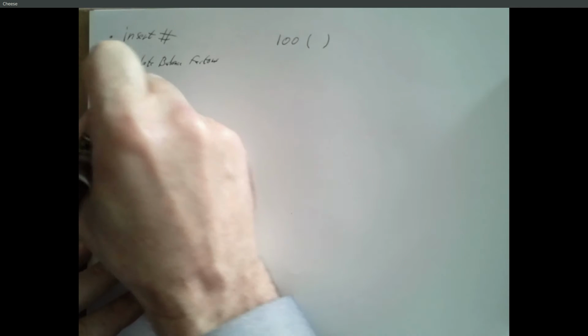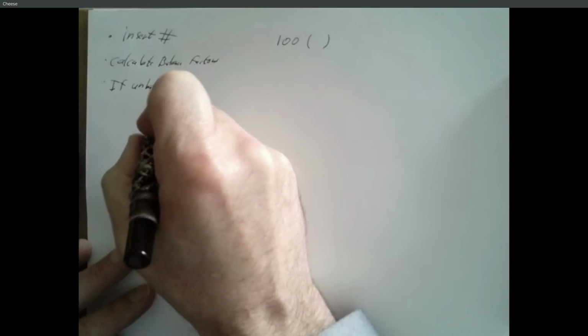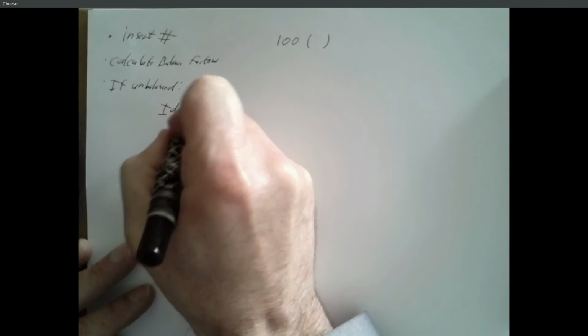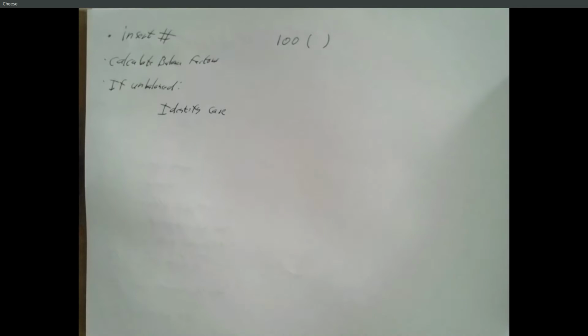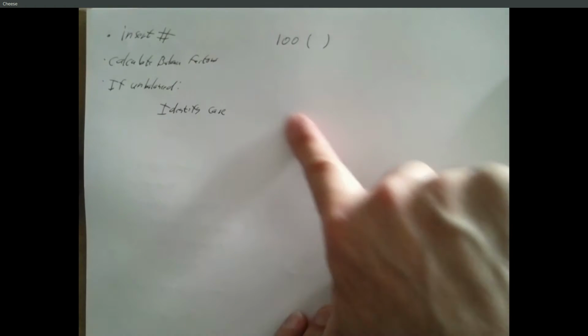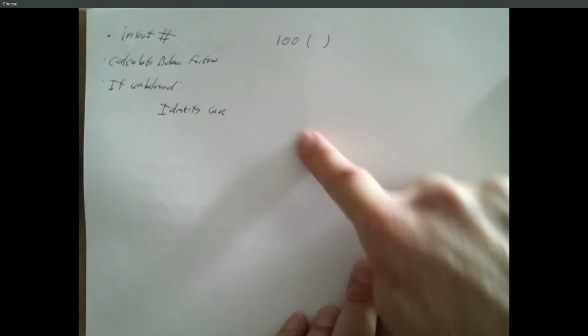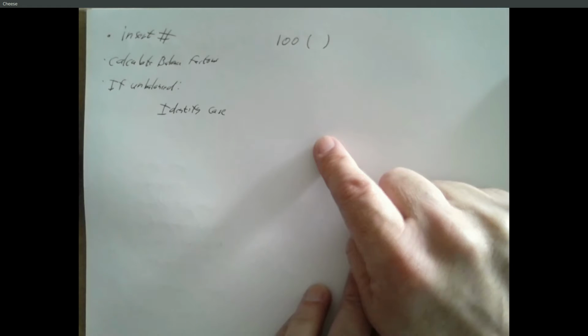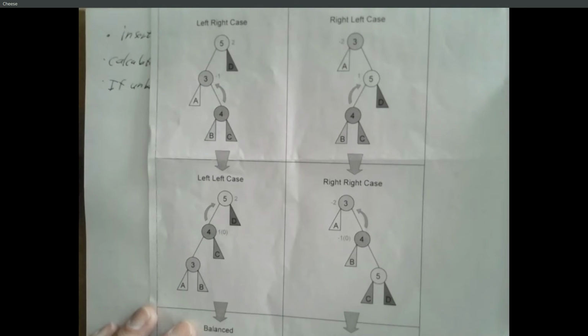Calculate the balance factor, and then if it's unbalanced, identify what case you're in. How do you know if it's unbalanced? You insert a node, and you calculate the balance factor from that node up to the root. As you're going up, if you encounter a 2 or a -2, right there you know your tree is unbalanced, and you look at your 4 cases.